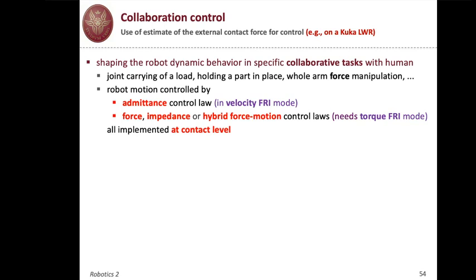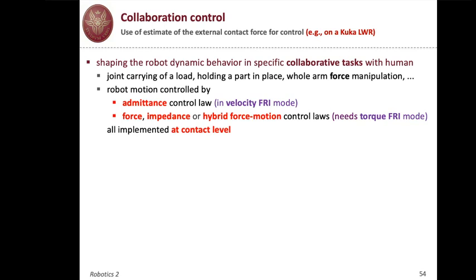So in the velocity mode, you can command velocities, of course, and the KUKA robot controller will realize them. How do you command this velocity? You use an admittance control law like we have seen before. So you convert the estimate of your force into a velocity that should be realized by the low-level controller.